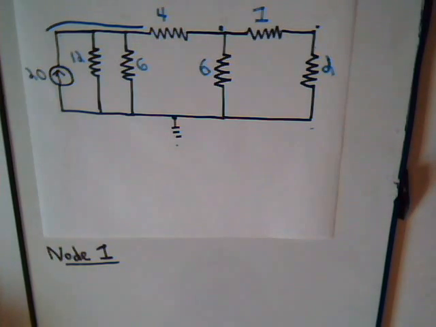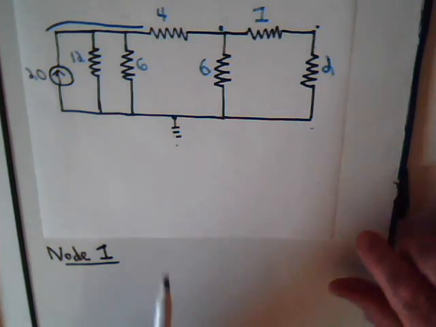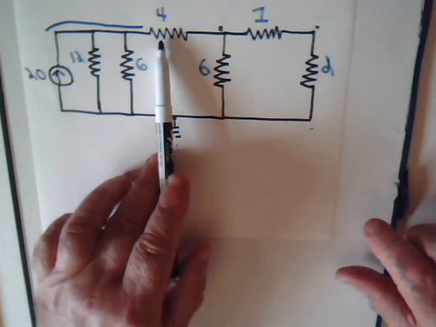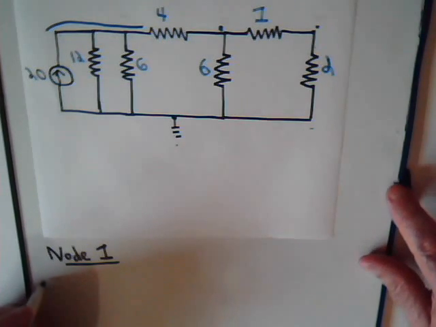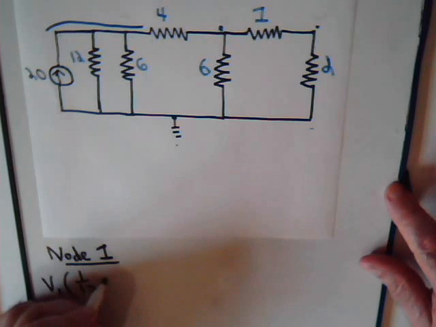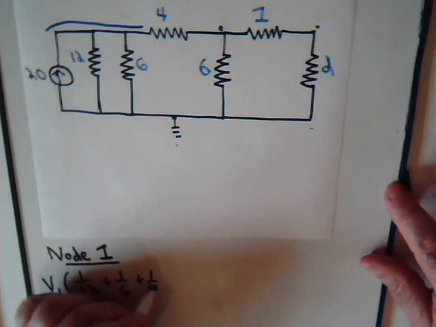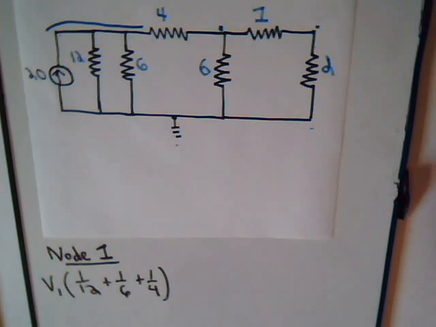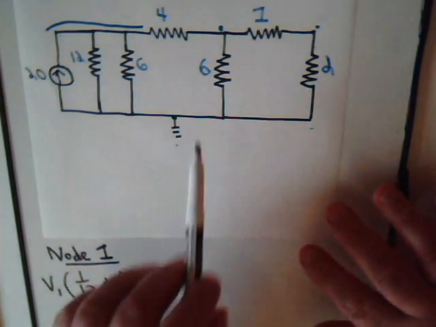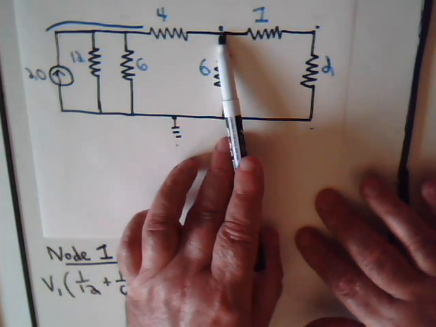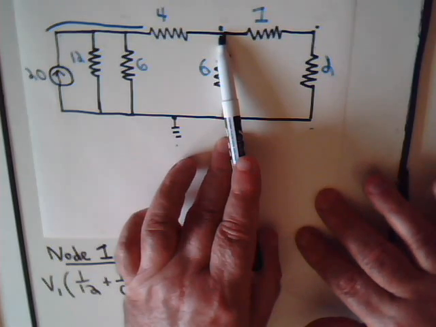We are going to have V1 times 1 over 12 plus 1 over 6 plus 1 over 4. And then for the resistor 4, this is over here at node 2, which we're going to designate as a voltage V2. We'll be determining what V2 is.